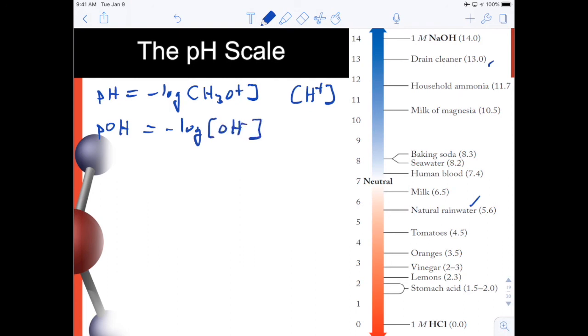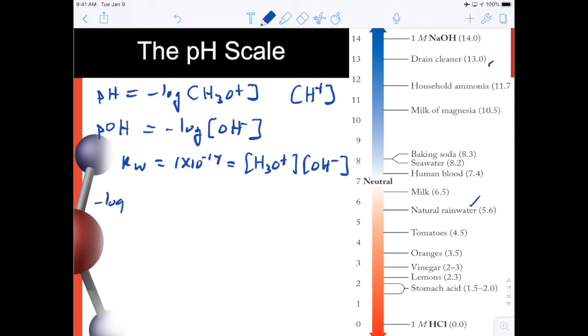Now remember, Kw is equal to 1 times 10 to the minus 14, and that's equal to the product of these two. Therefore, I'm going to take the log throughout this equation, the negative log, sorry.